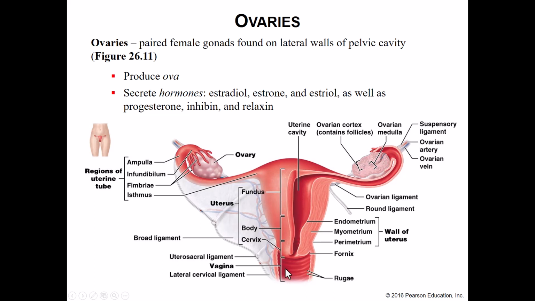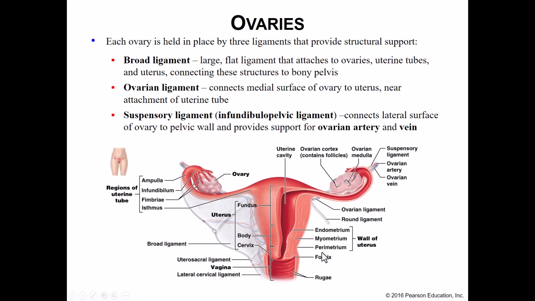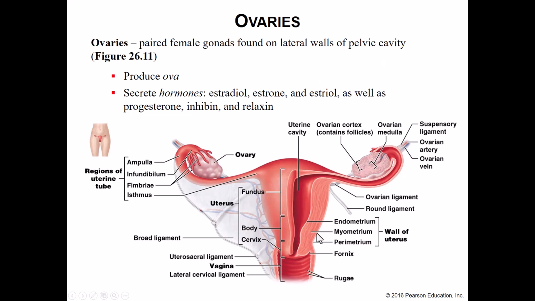And then the vagina continues the female reproductive system out into the world. The vagina has ridged regions. These are the rugae. This little pocket here is our fornix.